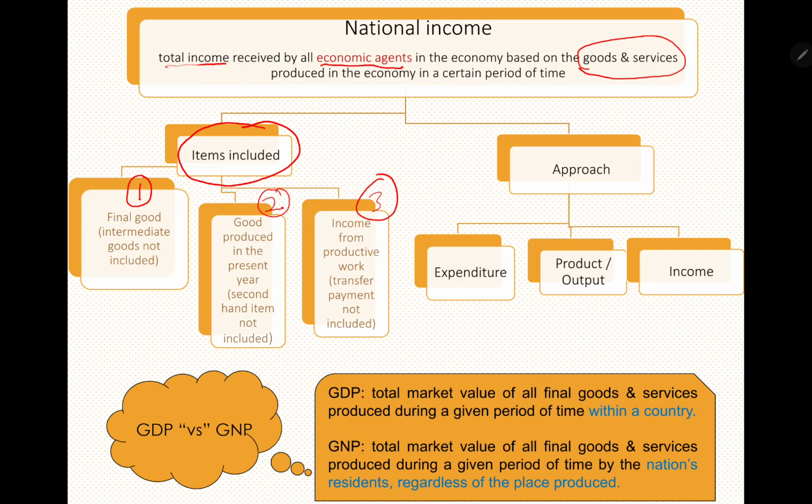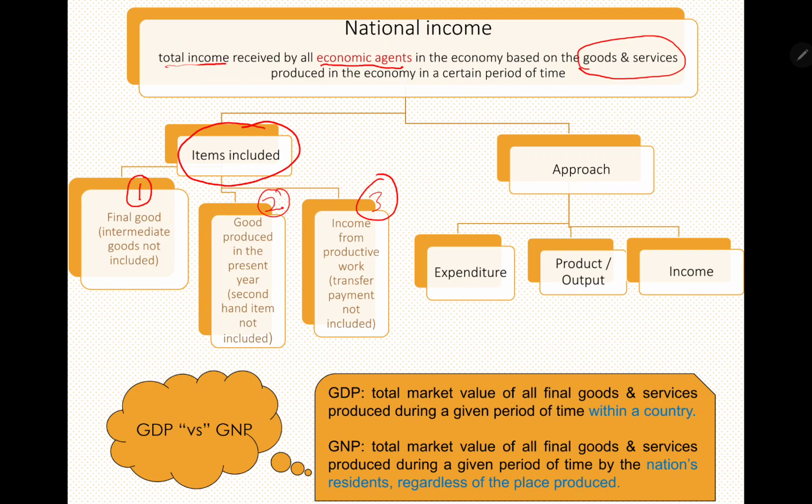Examples of transfer payments are donations, scholarships, and cash transfer money, meaning that you get the money one way only. For example, if you receive cash transfer money such as BRIM money, that is regarded as a transfer payment, and it will not be counted in the national income.